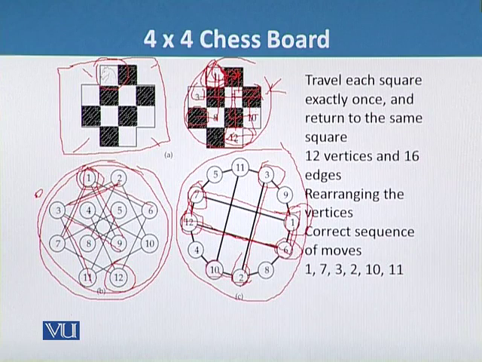From 10 it can go to position number 11, and from 11 it can move very easily to position number 3, the starting position of the horse. So again we can see that this is a cyclic.